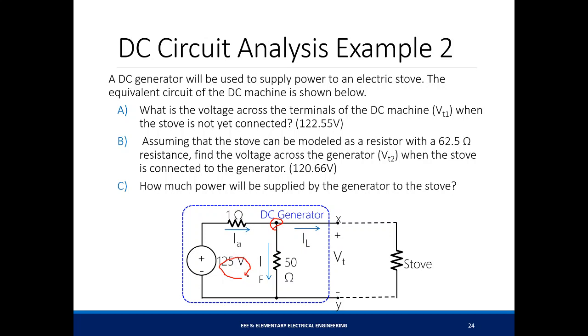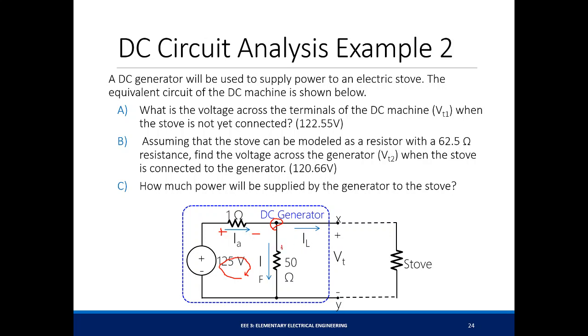Remember that for a resistor, the voltage polarity will always be defined by the current flow. So given the current flow is from here to here, the terminals would have this polarity right here. The current always flows from positive to negative across a resistor.